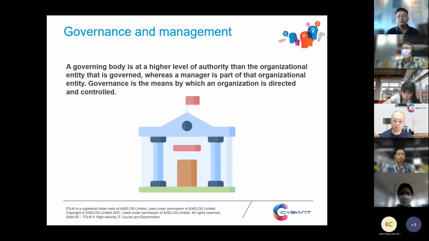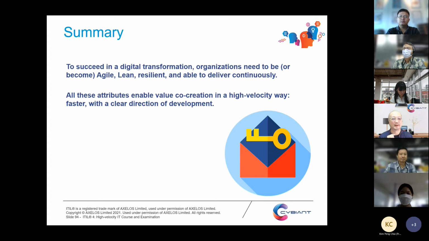Especially when the central bank issues a directive to say that we need to process or protect customer information. That is the central bank trying to direct and control how we work in the banking industry. So that's the governance part. Management, I think you guys know. Do I have to explain what management is? Cool.